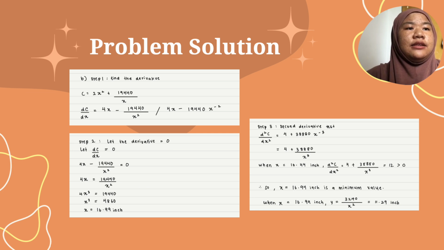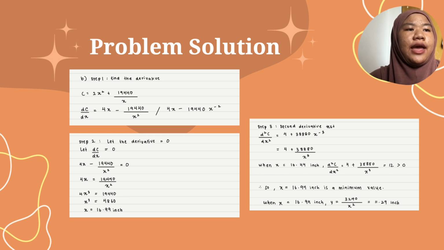After that, the last step is the second derivative test, which means we differentiate the derivative again. The dC over dx that we got from step 1 is 4x minus 19,440 over x squared. So we differentiate again, and it becomes 4 plus 38,880 x to the power of negative 3, or 4 plus 38,880 over x cubed.